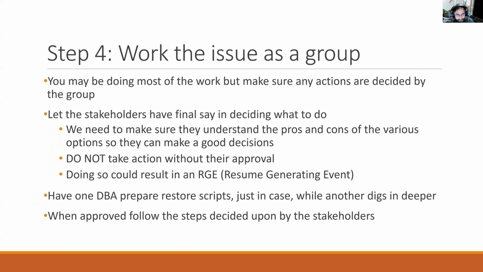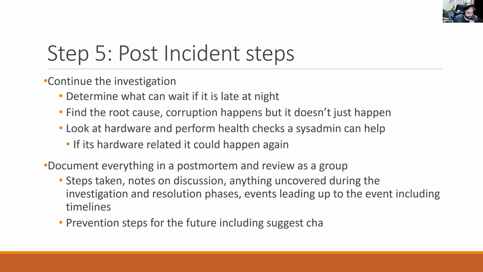All right. What's your fastest path to resolution? Then you work this in as a group that, as I said earlier, stakeholders make decisions, not us, right? We've already kind of gone over this as we've gone.